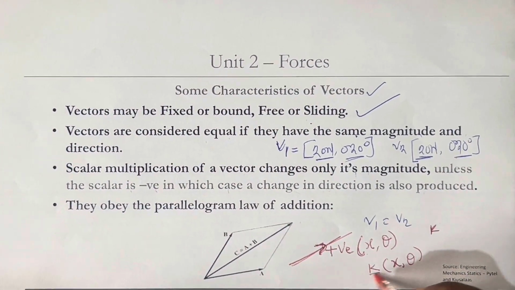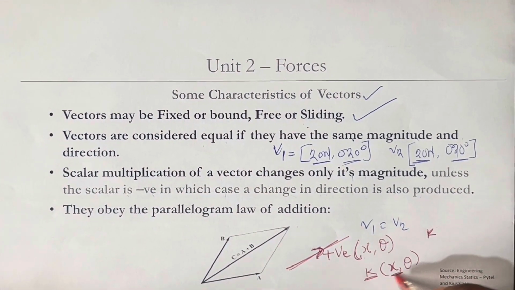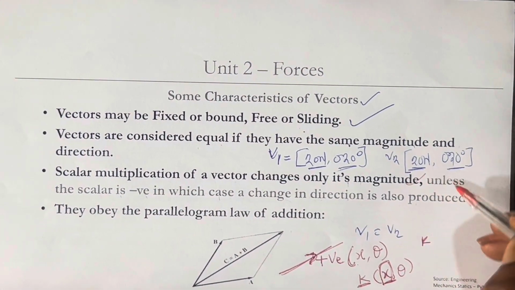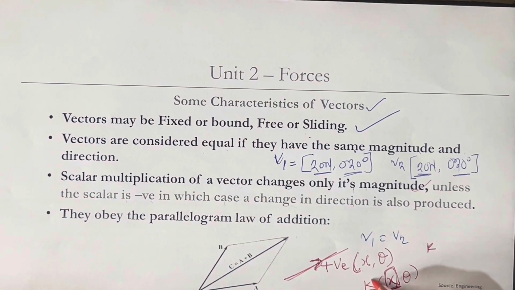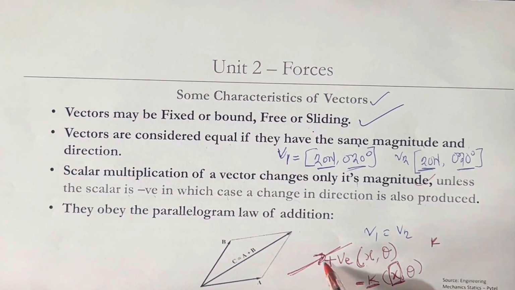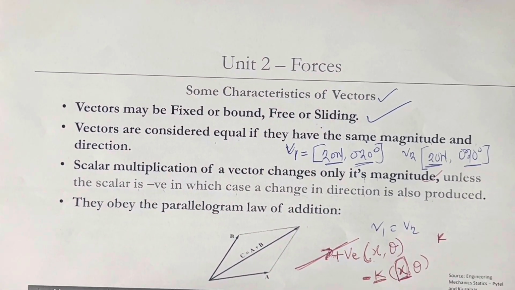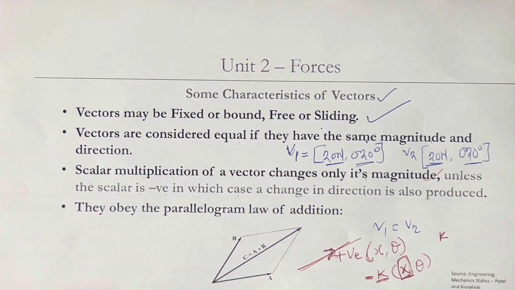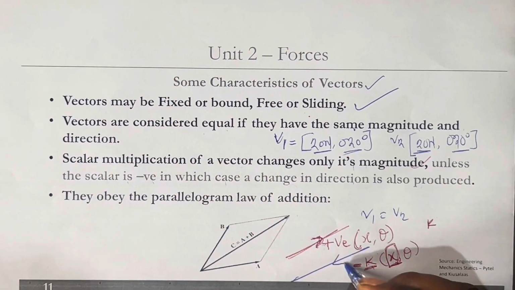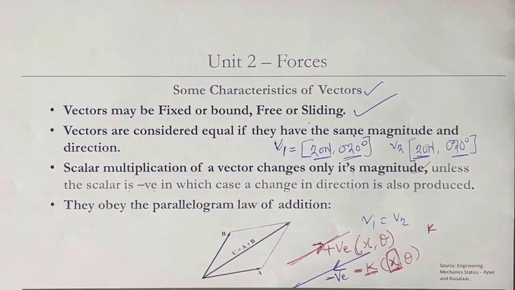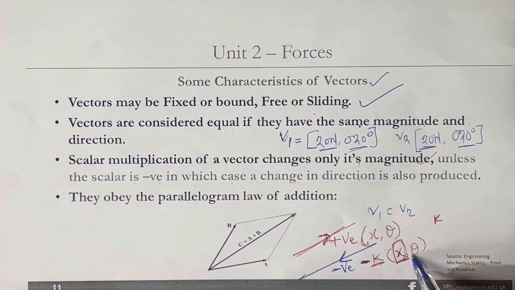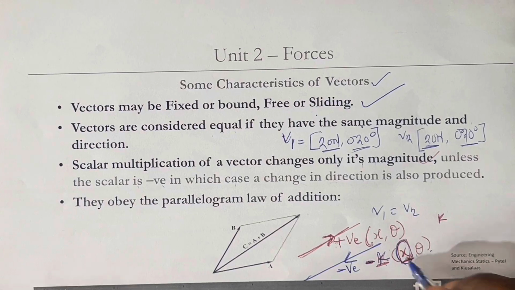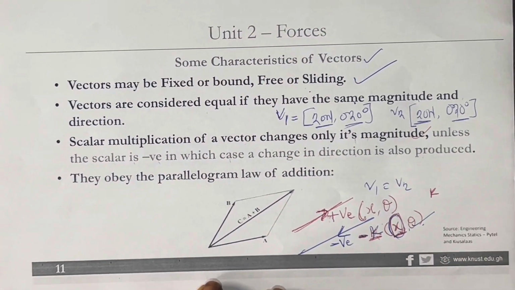The change from the scalar only happens to the magnitude, unless the scalar is negative, in which case the direction of the vector also changes. The value affects the magnitude, but when you draw your final vector, the direction will change and become negative V.